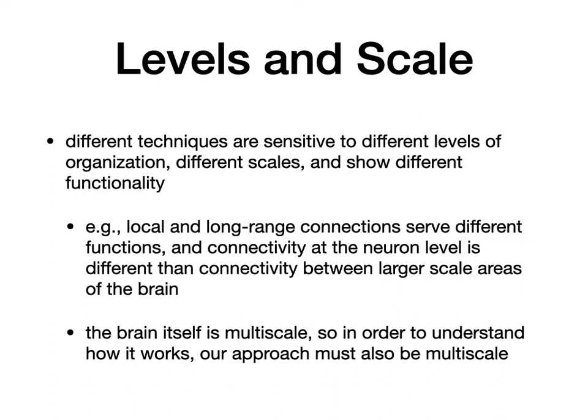Local and long-range connections are going to serve different functions, but connectivity at the neuronal level is going to be different than large-scale connections, right? A synapse is different than the big interconnected nature of, say, how your visual system sends things off to the spatial areas to make sense of the spatial organization of what you're looking at, right?